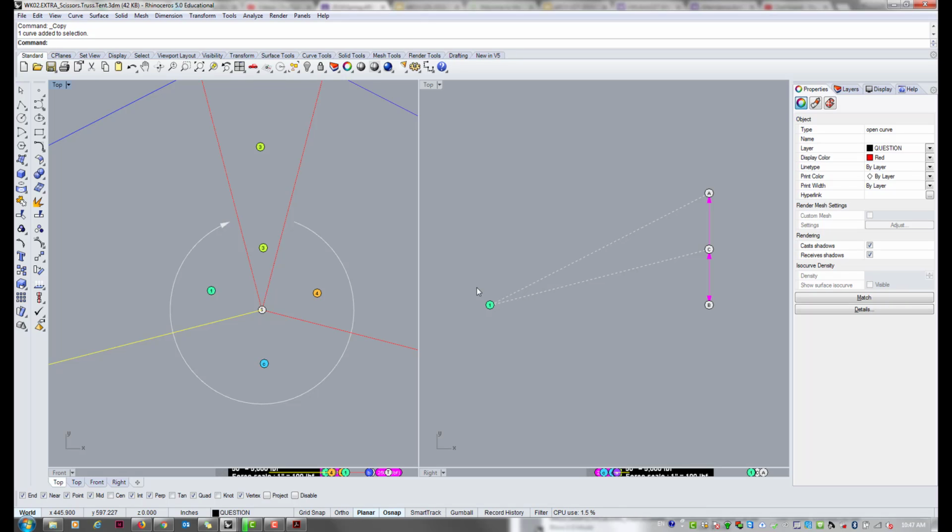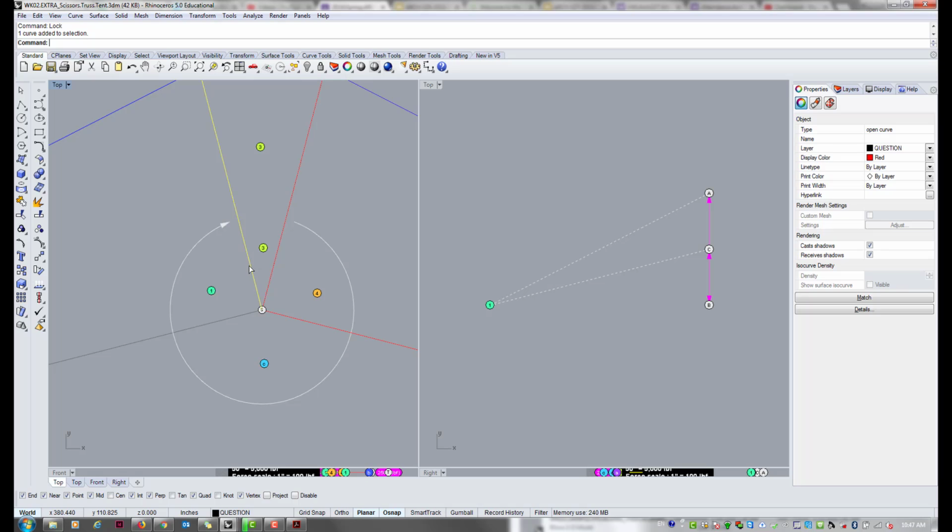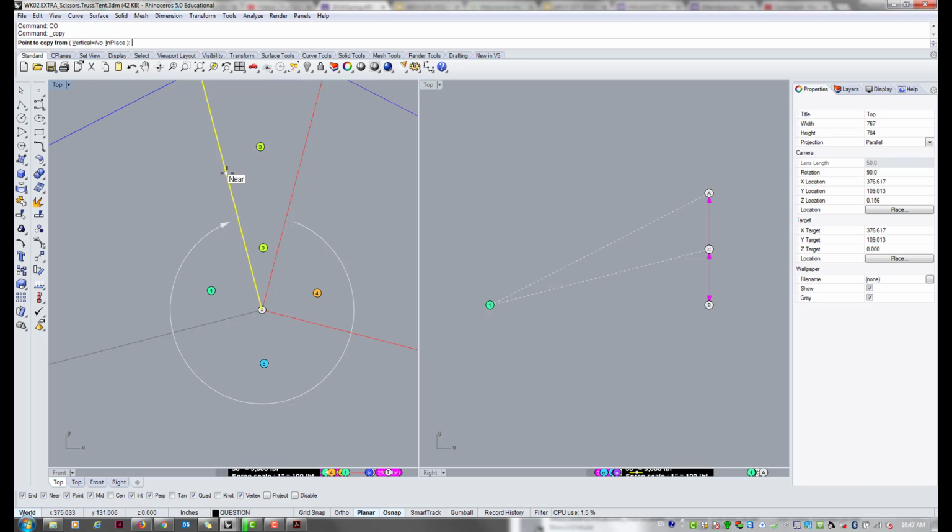Anyway, so we are done with this guy, right? So let's look at 1, 3 next. So we know where point 1 is, and we know 1, 3 is gonna start from point 1 and end at point 3, but we don't know where point 3 is on this force diagram yet.